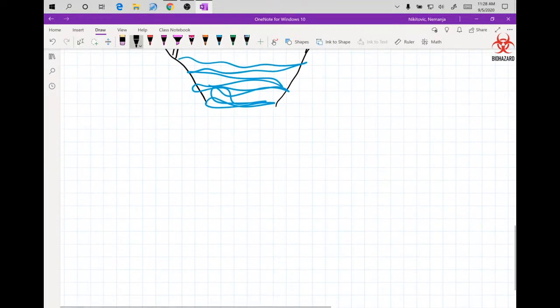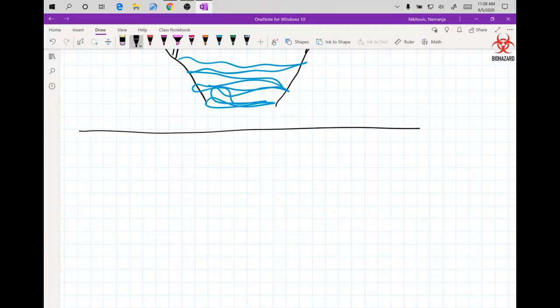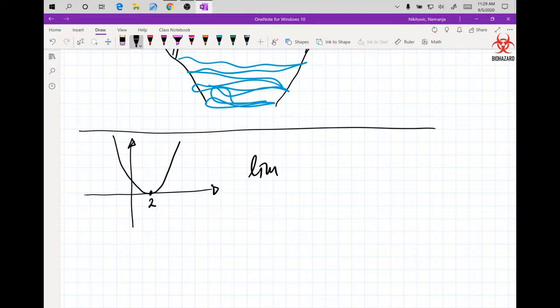So let's take a look at some of the graphical approaches, some of the other approaches. So let's say that you have a quadratic function that touches at 2, and you ask, what is the limit of this function f of x as x goes to 2?